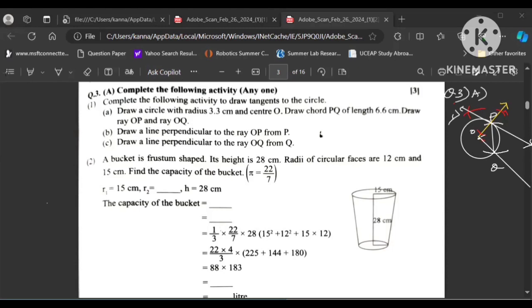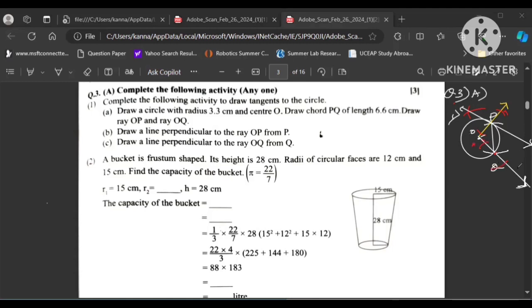So I put an arrow here, children, so that it really looks like a ray, okay? Now at Q, they want me to consider perpendicular. So take Q as center, adjust your compass to a suitable radius, cut an arc on the left hand side and on the right hand side.